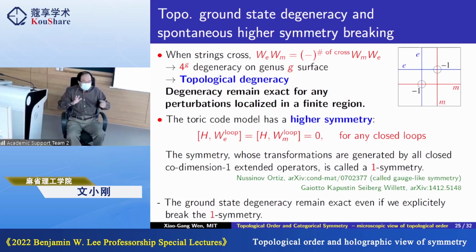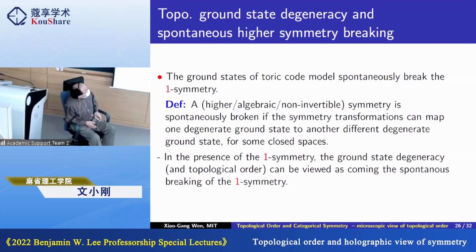So it's kind of tricky. On one hand, when you have one symmetry, you can get topological order. But even when you break it, you still get topological order. So the reasoning became a little tricky. Let's explore this direction a little bit more.